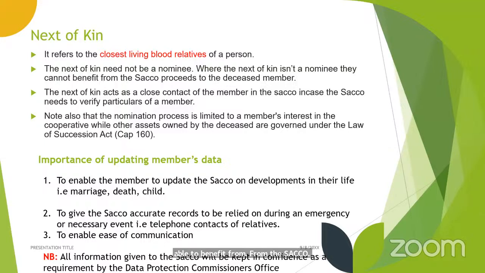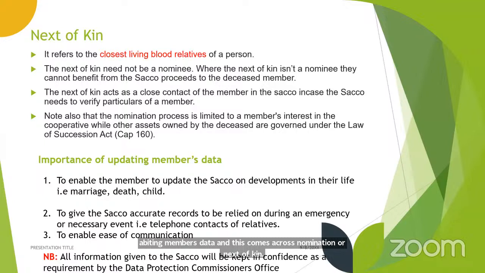The other benefit of updating members' data, and this comes across in nomination or next of kin, is to give the circle accurate records to be relied on during an emergency. So mostly, when there's an emergency and the circle is trying to identify who it can reach out to, your next of kin will likely be the person of much help to us, because we believe they are closely related to you.